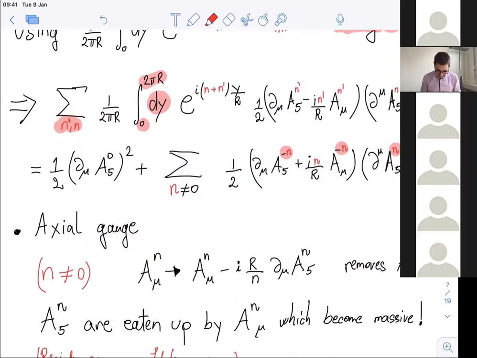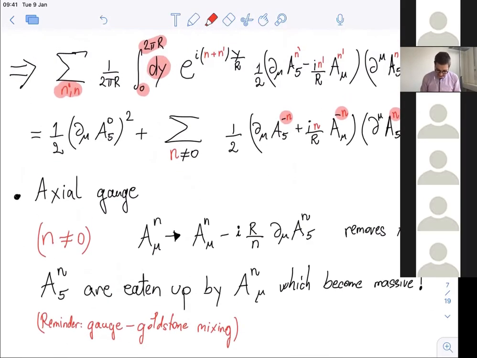Okay, so now at this point we can recognize that for each n, after integrating over the extra dimension, we are now in 4D and we have gauge-Goldstone mixing. Remember you have the usual term of the derivative of pi on W. So this is the gauge-Goldstone mixing, scalar-vector mixing. And we can use the gauge transformation to gauge away the scalars. In particular, in the axial gauge, remember the gauge transformation modifies the gauge field by the derivative of a scalar field.